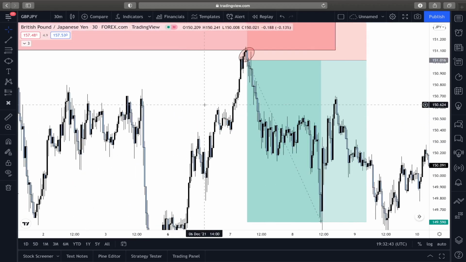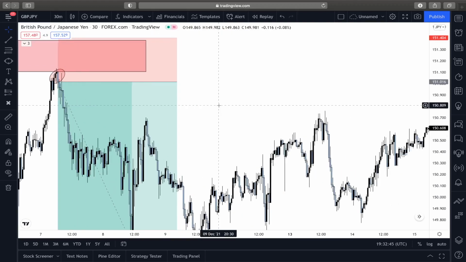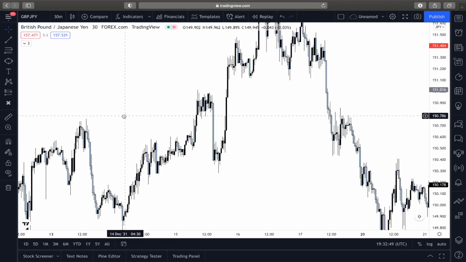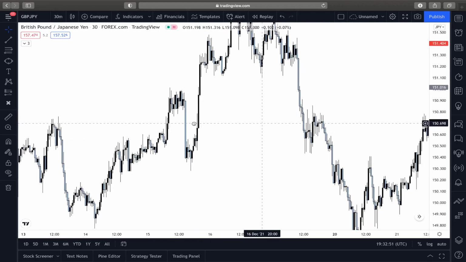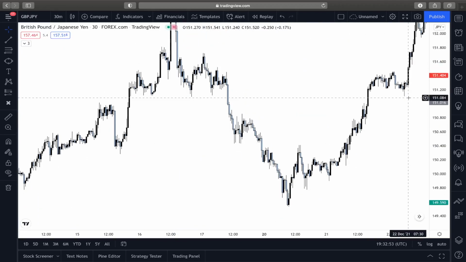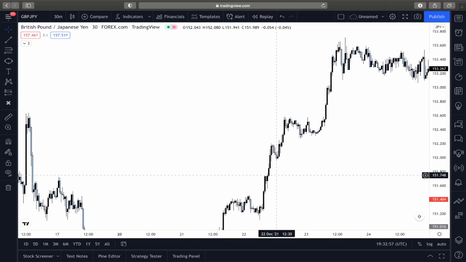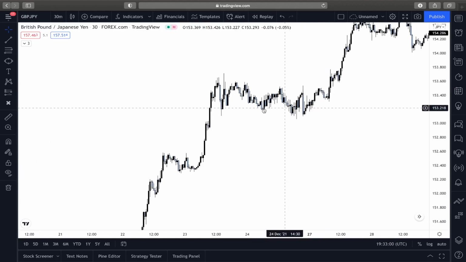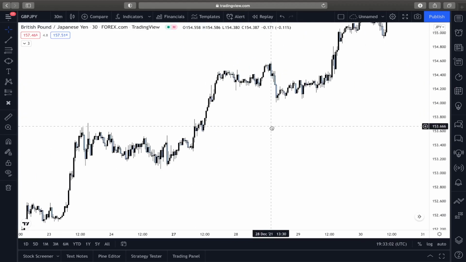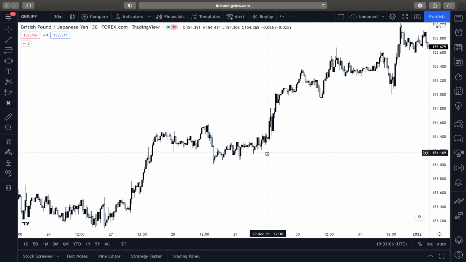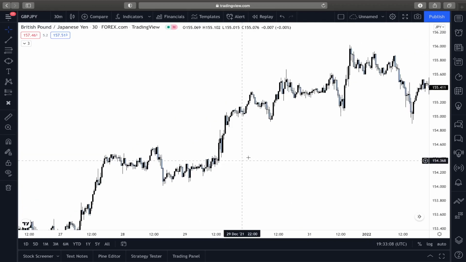Now let's see if we can find a demand example. Hold on one second. Okay, so now we see we're trending upwards. You could literally see that we're going up. Let's see. Okay, here we go.